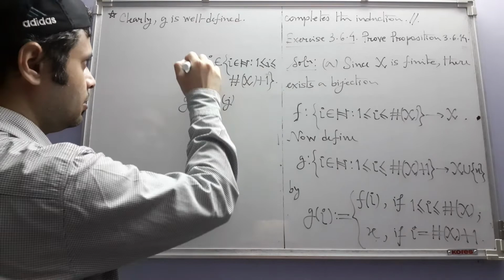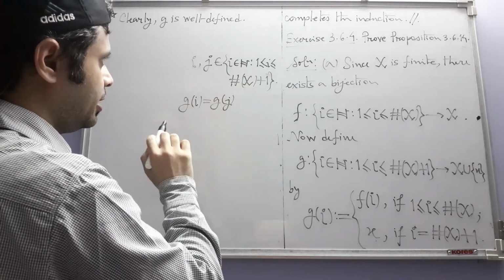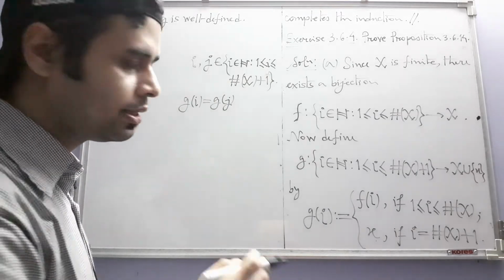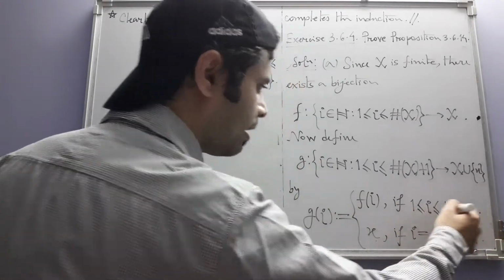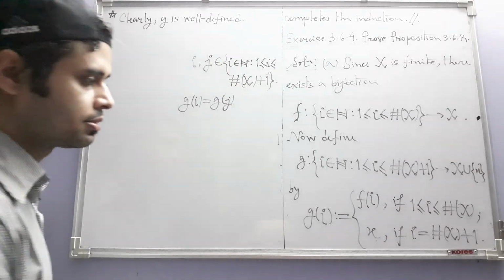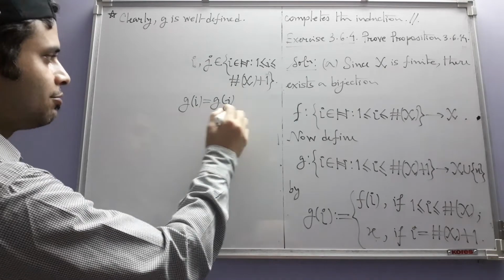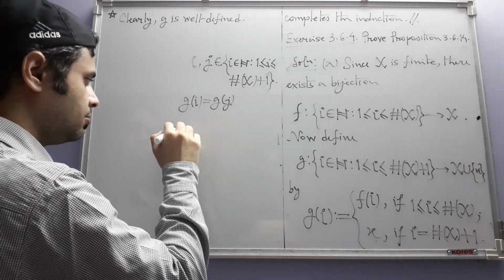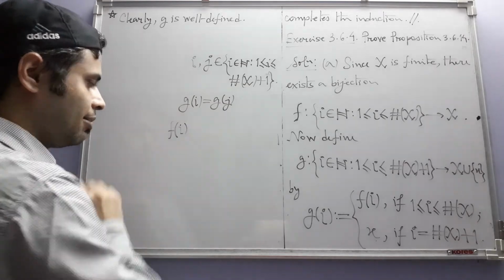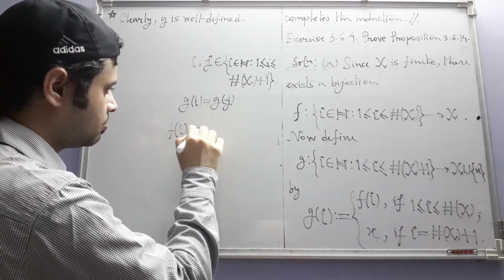Okay. If it happens that I and J are different in the sense that I lies between 1 and the cardinality of X, however J is this thing, what do we then get from this equality? Then g of I will be equal to f of I and g of J will be equal to x.